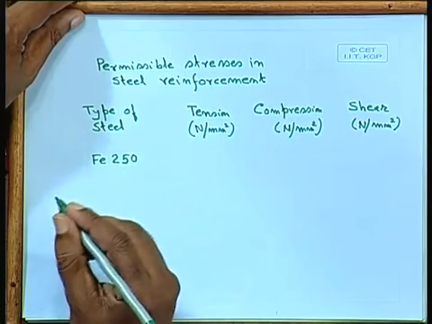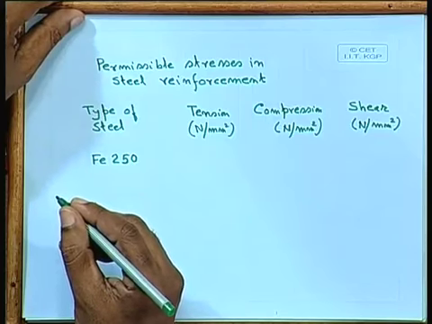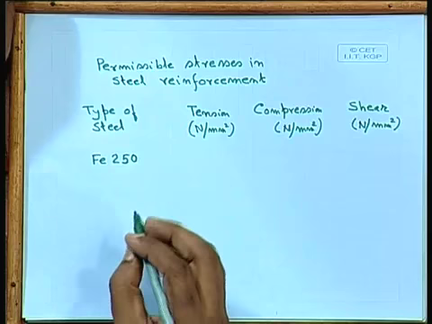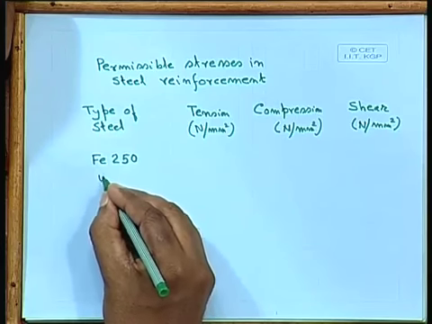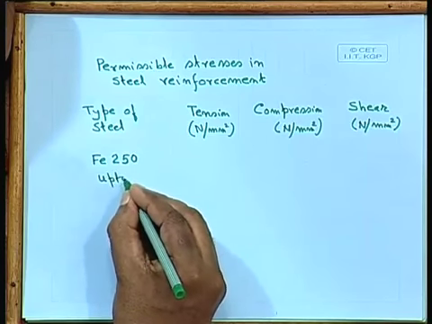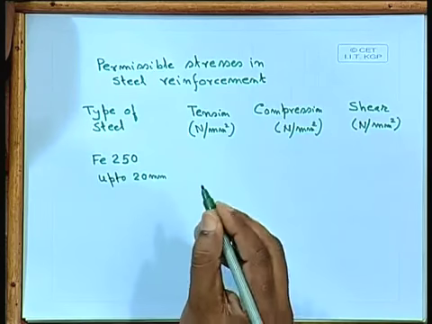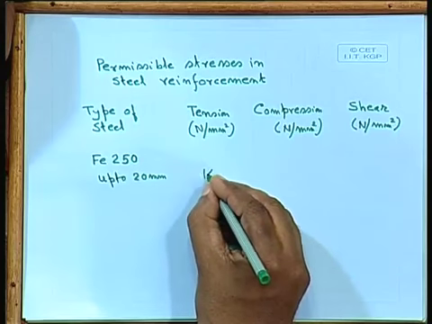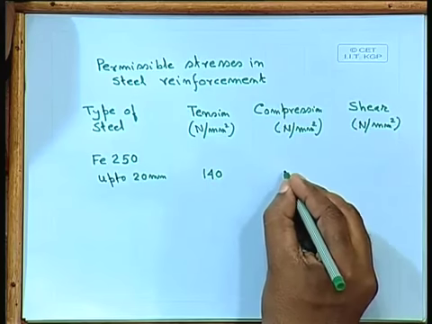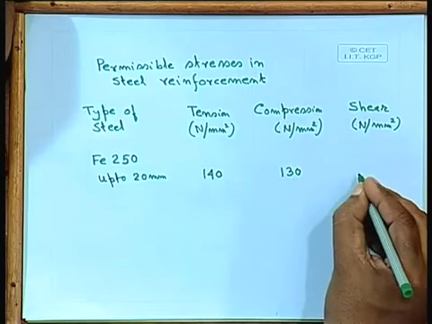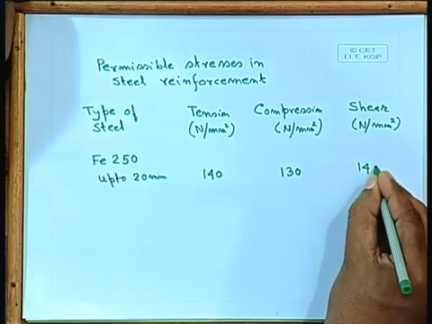Fe 250, that is mild steel. For that we have, up to 20 millimeter dia, 140 in tension, 130 in compression and 140 in shear.